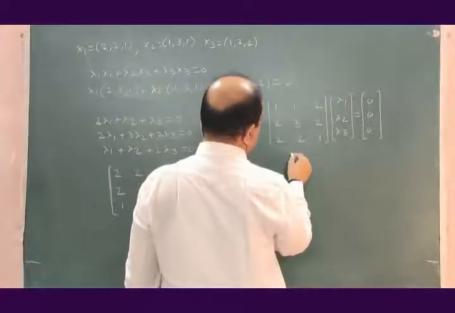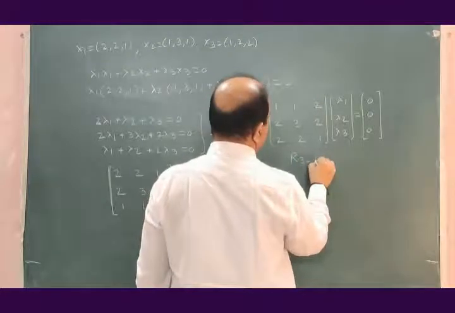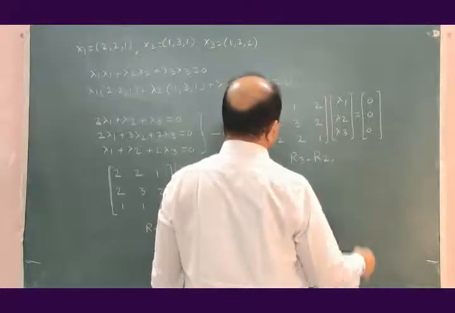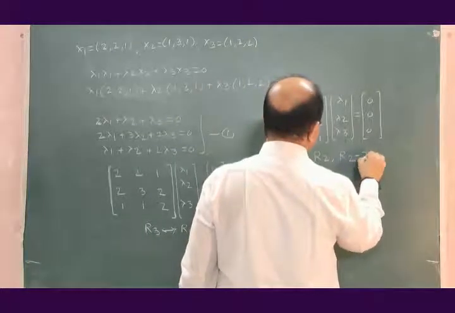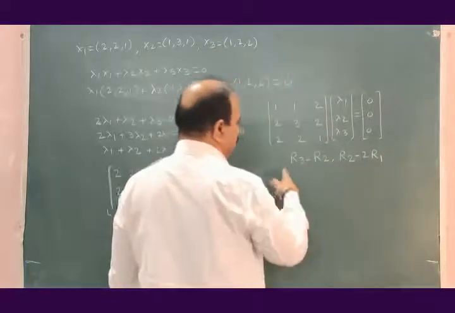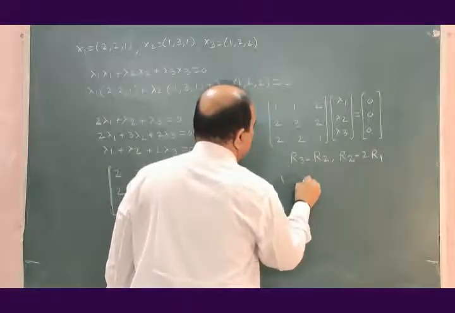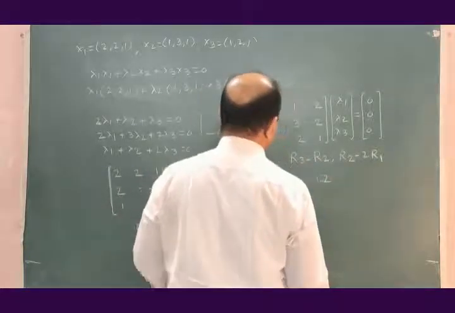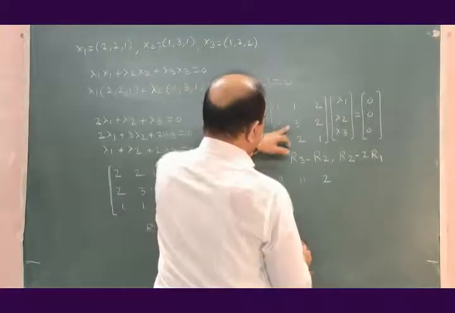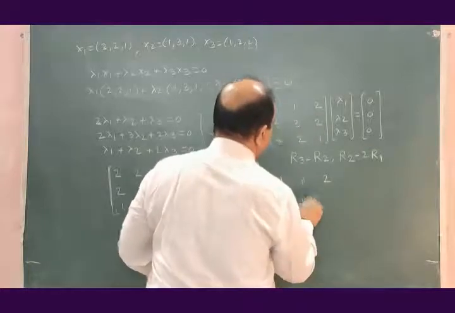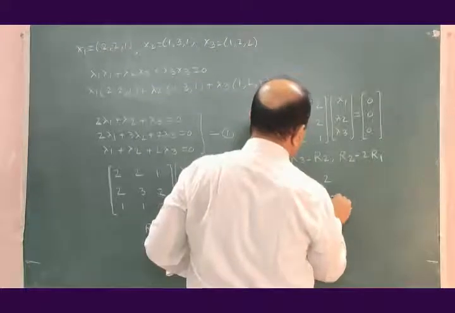Now let us apply the transformations R2 minus 2 R1 and R3 minus 2 R1. After applying these transformations, what we will have here? 1, 1, 2. R2 minus 2 R1: 2 minus 2 is 0, 3 minus 2 is 1, 2 minus 4 is minus 2.